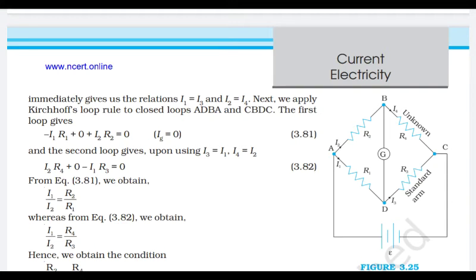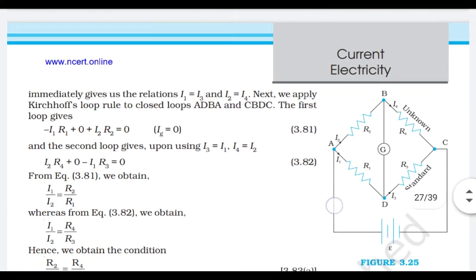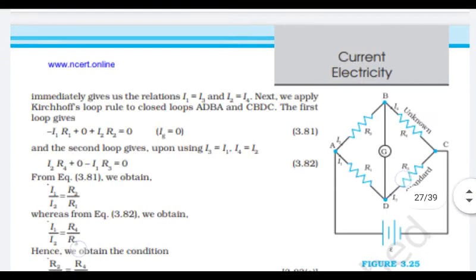R1, R2 and R3 are known. R1, R2 are known registers, fixed ones, and R3 is a variable register that we will learn, and unknown is R4.